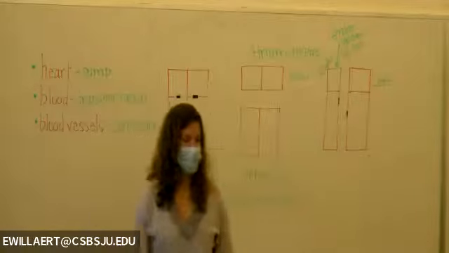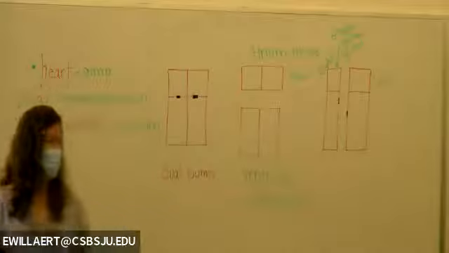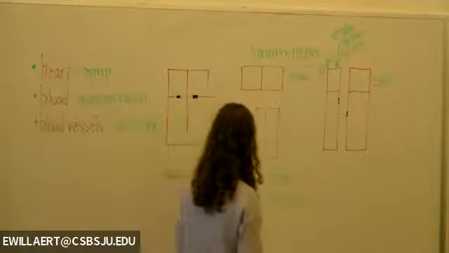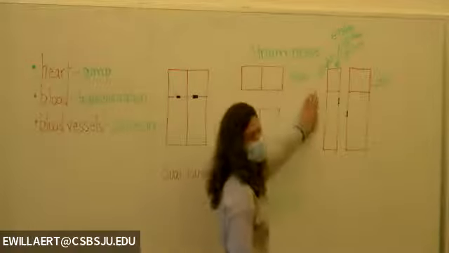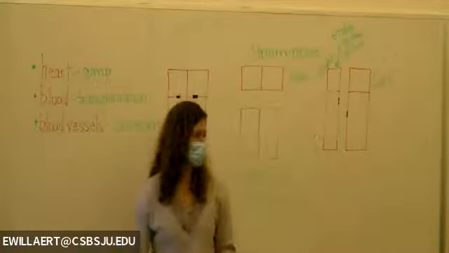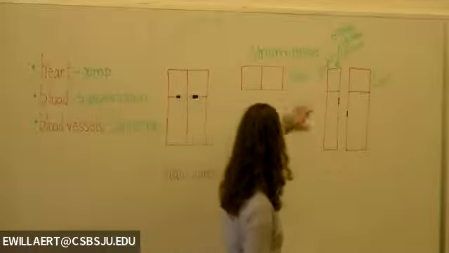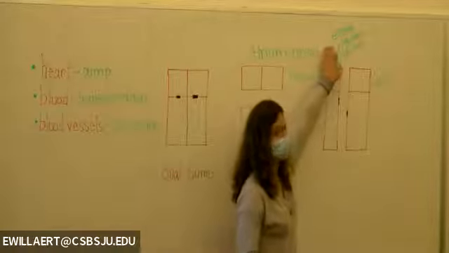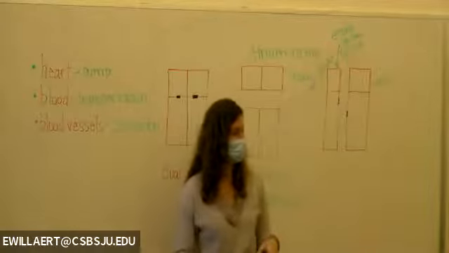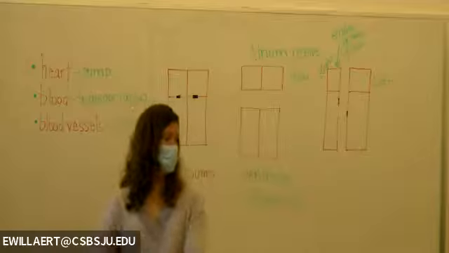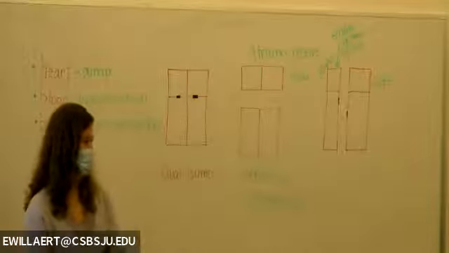And if it just comes back from our entire systemic system, what is something all of our cells need? Oxygen. So if it's just coming back from all of the system, it's probably low in oxygen because it gave the cells the oxygen. That makes sense?